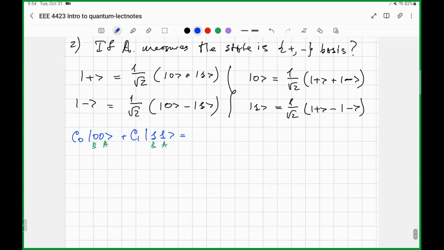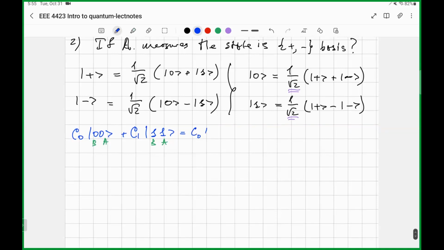And so let's write this up. The coefficients here are constants, and let's omit them for simplicity, to make all this more manageable. So this one is C0, state 0 at Bob's side, and then we have the 0 in the plus minus basis, plus and minus. And the second one is C1, state 1, state plus minus state minus. Okay.